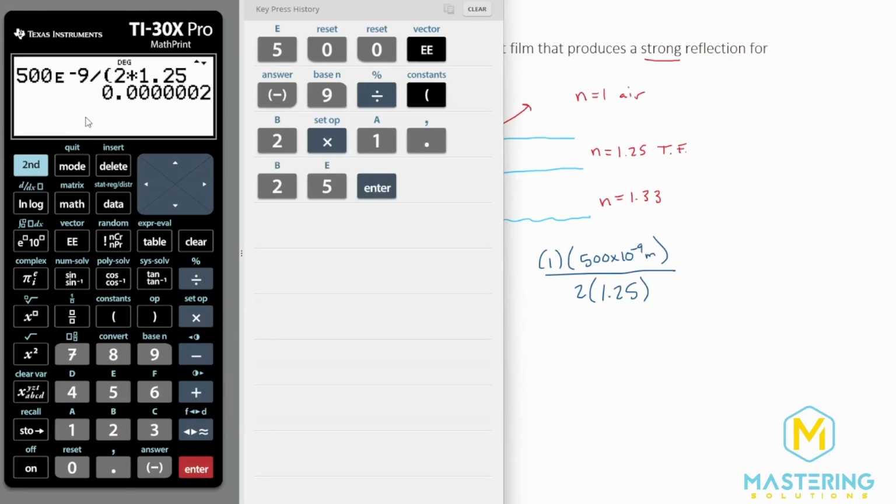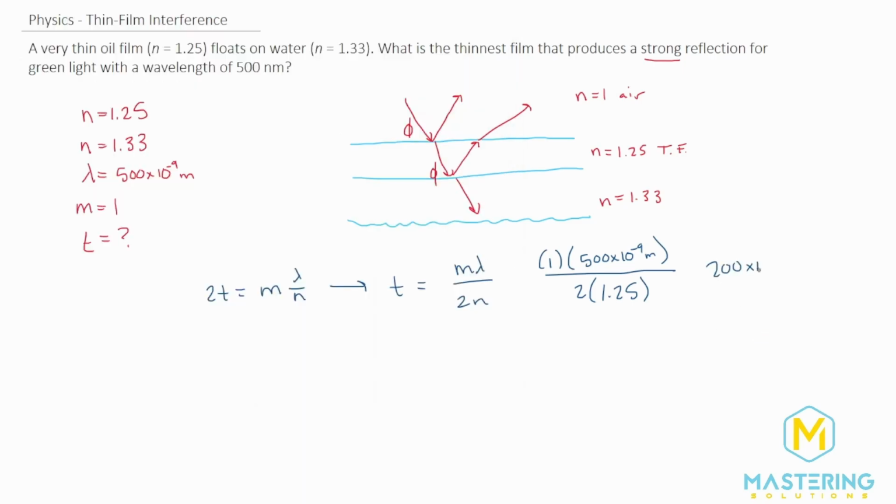So we have 200 times 10 to the negative 9 meters, or a thin film thickness, the thinnest in this case for a strong reflection of green light at this wavelength is 200 nanometers.